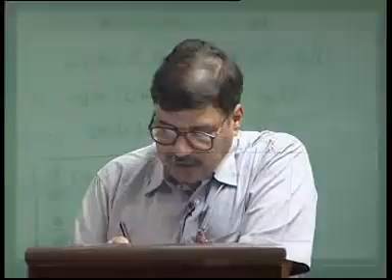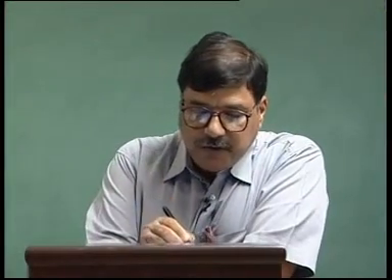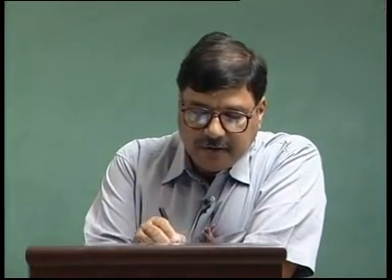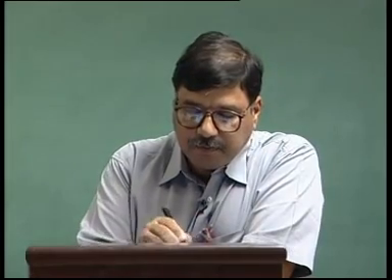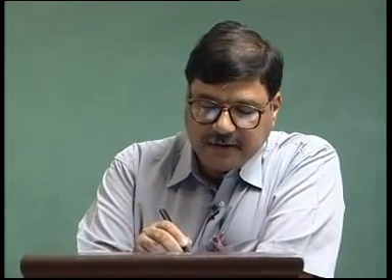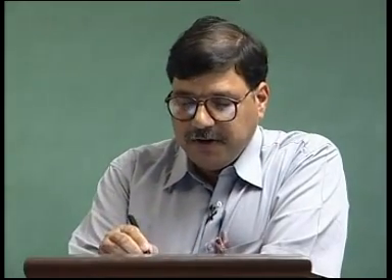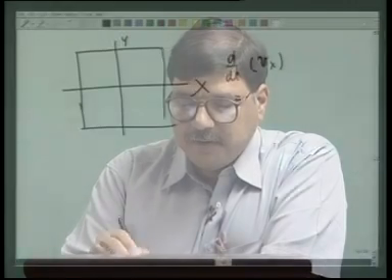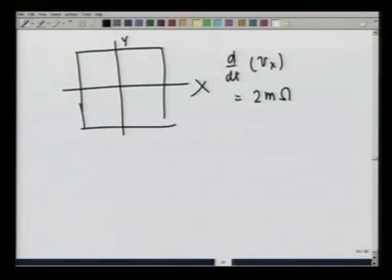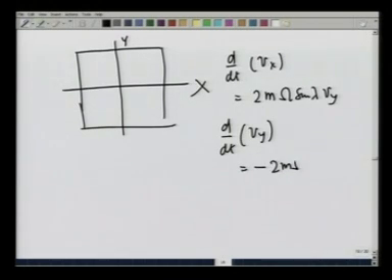Let us see how that comes about. Let me now look at this xy plane, and let us call x the east direction and y the north direction. I already have d by dt of Vx equals 2m omega sine lambda Vy, and d by dt of Vy equals minus 2m omega sine lambda Vx.